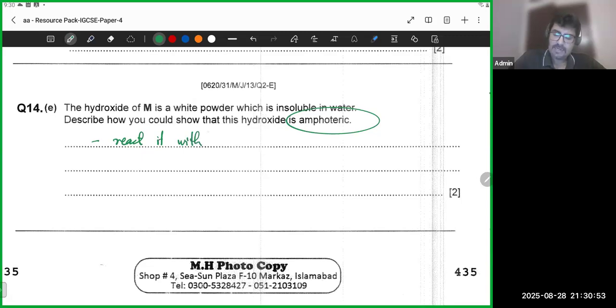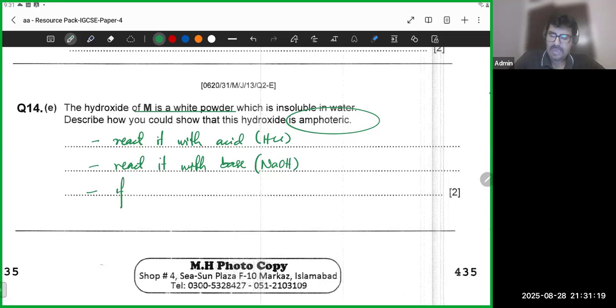I mean, react M, the white powder, with acid. Second step, I mean, name the acid as well. Let's say it's HCl. If it's amphoteric, it would react with both of them. React it with base. Let's take NaOH. So how would you know it's amphoteric?